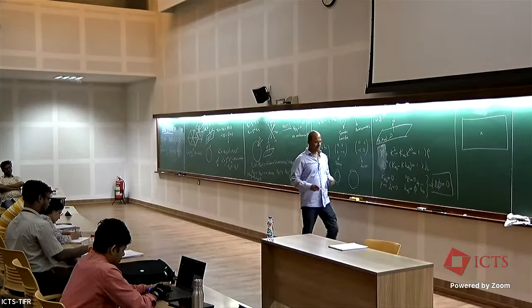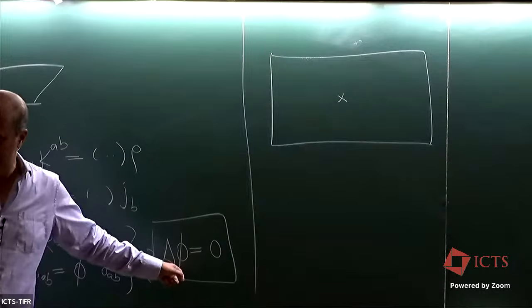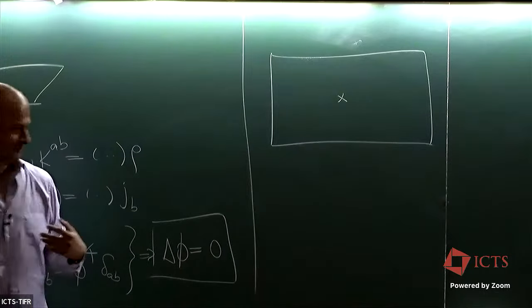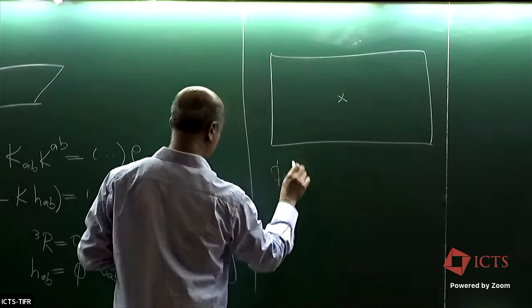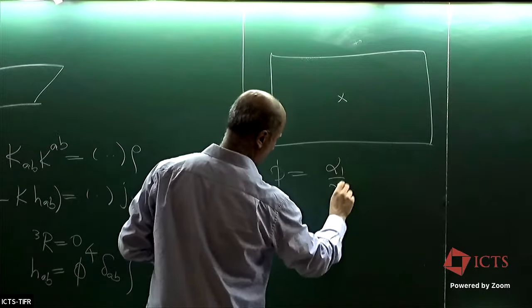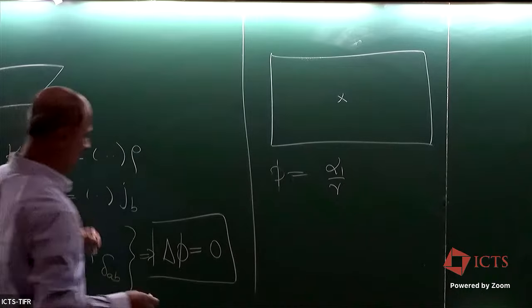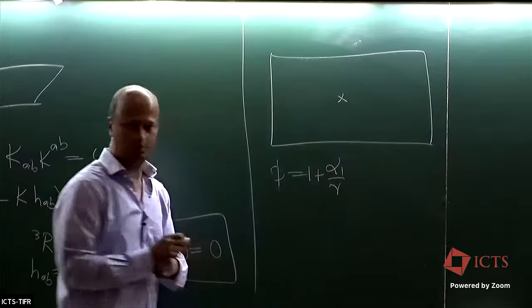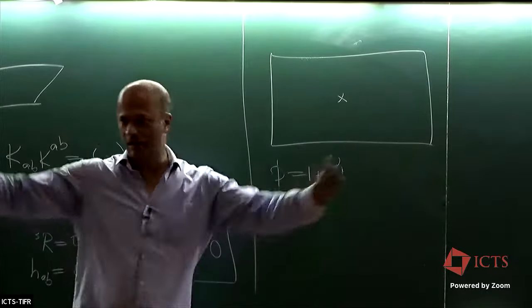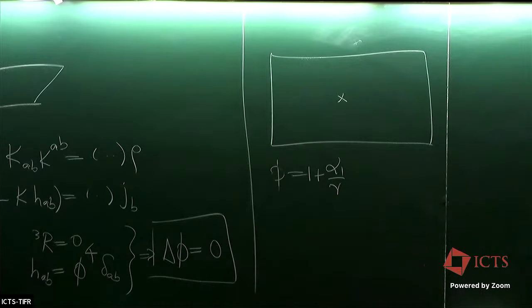Then the solution to the Laplace equation has to be 1 upon r. Call that alpha 1 upon r. There is one difference here though, which is that the boundary condition is that at large distances, phi should go to 1 and not to 0. Because if the metric were to be 0, that's a strange case. And this is what you normally do for, let's say, the gravitational potential or electrostatics. But here that is the one difference. So we say it should be 1 plus alpha 1 upon r. The 1 just ensures that at large distances I get the standard asymptotically flat condition.